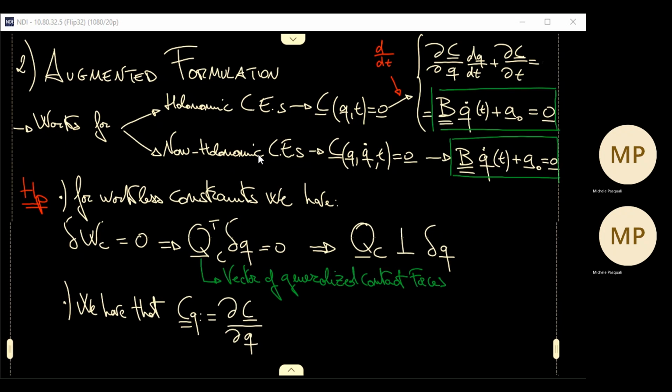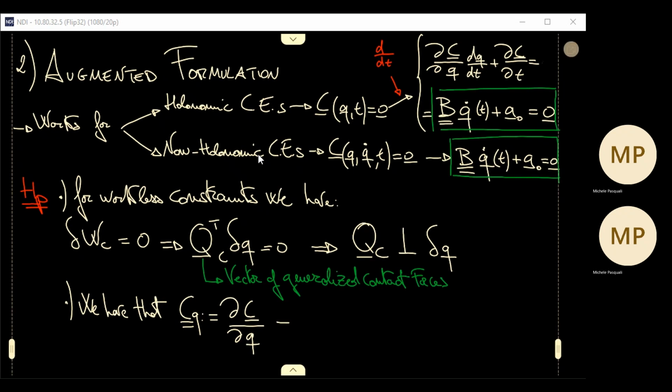From here, it means that each of the columns of this Jacobian is perpendicular to the dq, to the vector of the generalized parameters. Is this true? Is this clear?